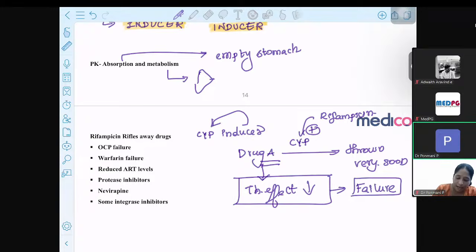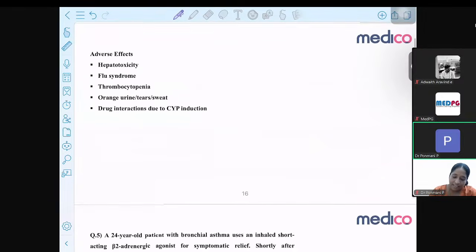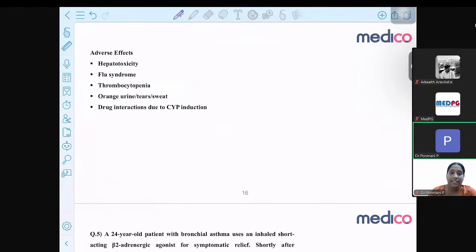So OCP, oral contraceptive failure can occur. Warfarin failure can occur. And ART levels can decrease. Your HIV drugs can decrease, especially the protease inhibitors, nevirapine, and the integrase inhibitors. These are the major ARTs with which it interacts. And what about the adverse effects of rifampicin?